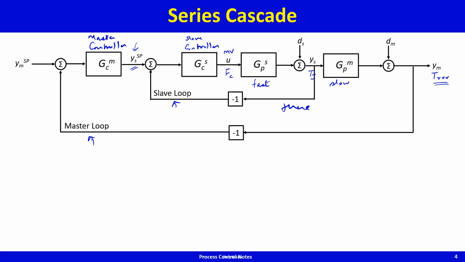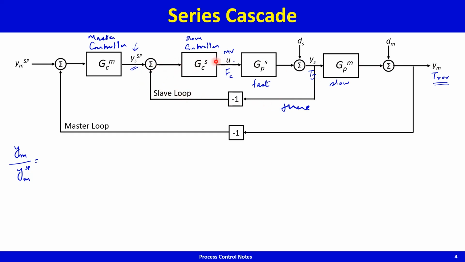Okay, now let's derive transfer functions. What kind of transfer functions do you want to derive? For example, let us say I want to derive the transfer function between ym and ymsp. What is this transfer function? If you go from here to here, you encounter this loop inside.